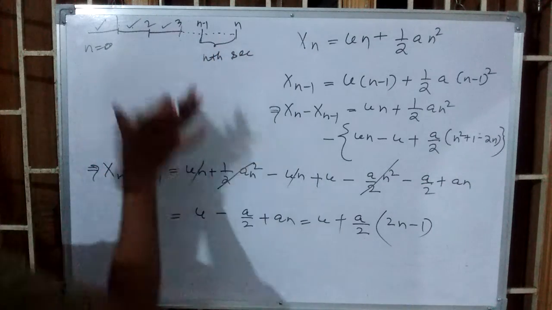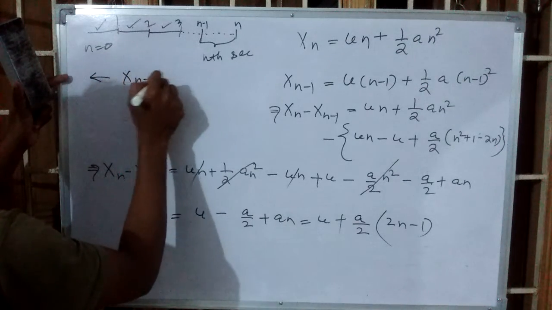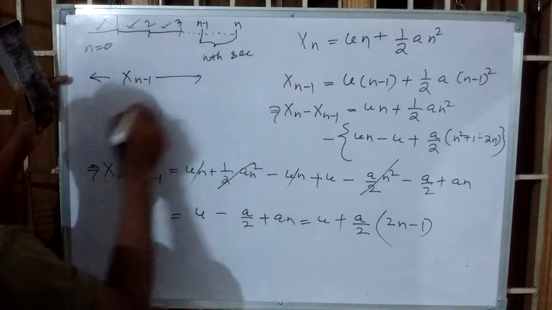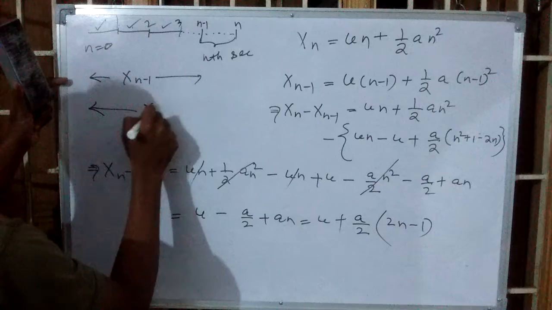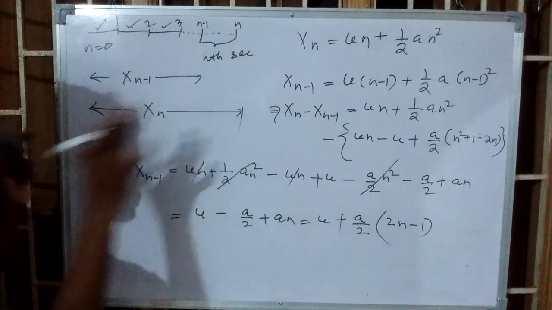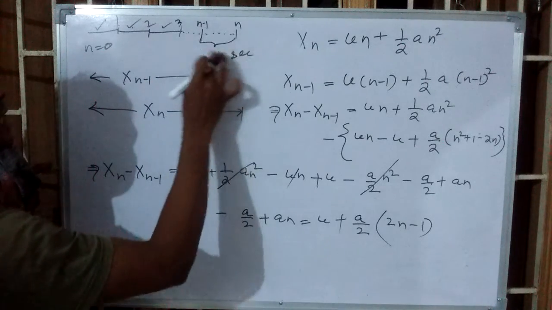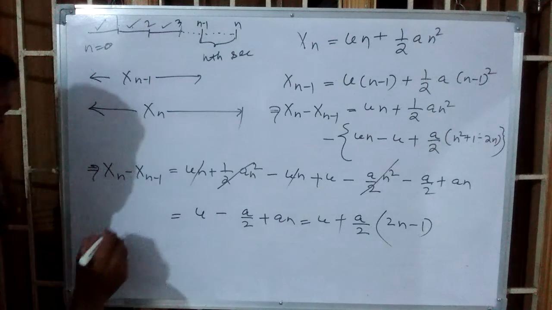Now this distance is nothing but xn minus 1, and this distance is nothing but xn. So xn minus xn minus 1 is nothing but the distance traveled in the nth second.